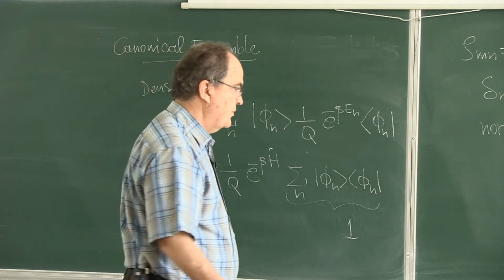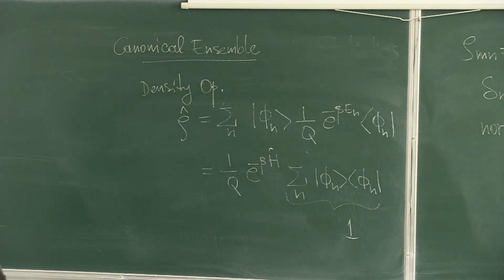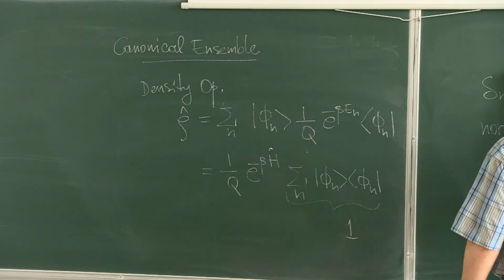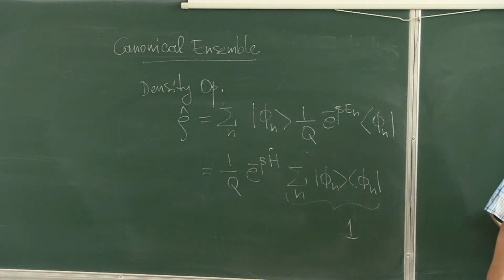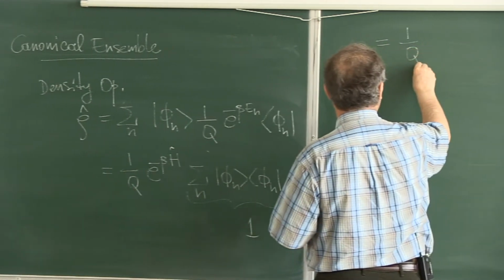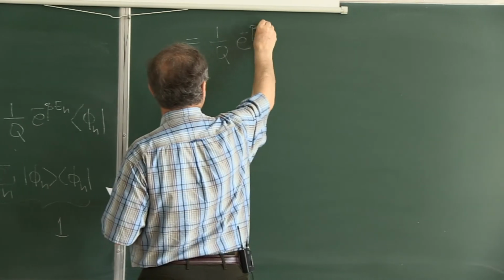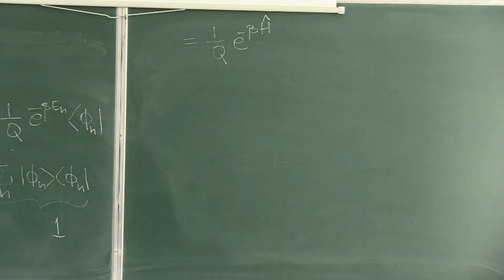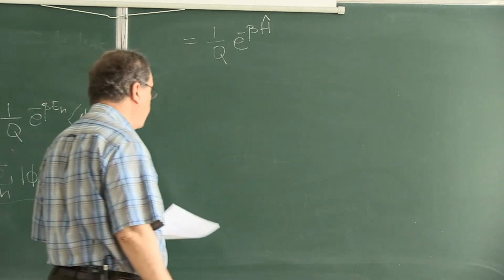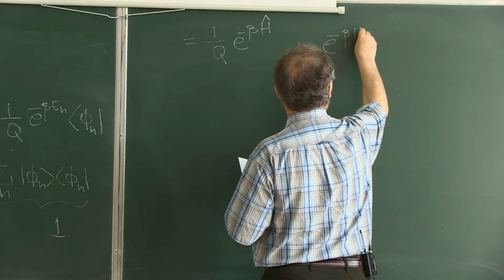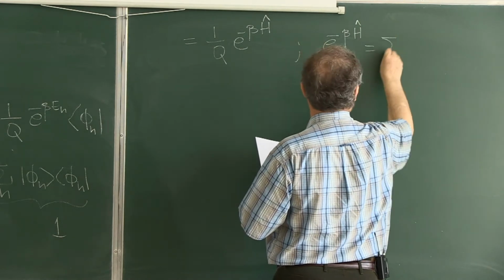So we have the form of the density operator, or the density matrix, in this representation. So it is 1 over the canonical partition function, e to the minus beta H. Now this exponential of an operator should be understood as its expansion form.